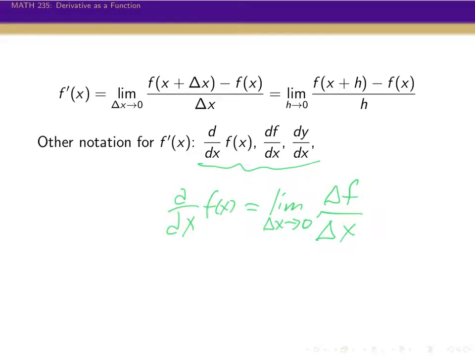Delta f and delta x are actually representing real values. Delta x is not actually ever equal to 0, it's just going toward 0. And d over dx, you can think of as what happens when delta x becomes 0.